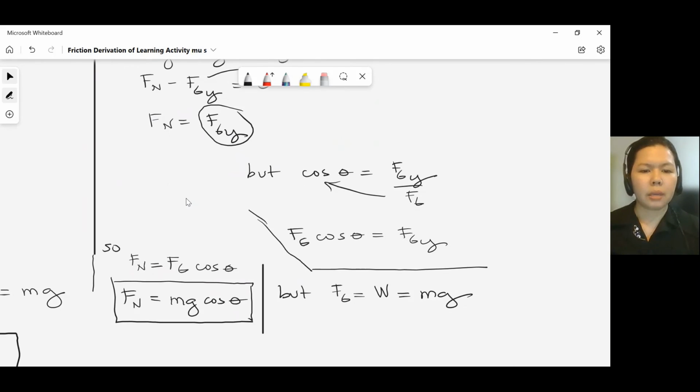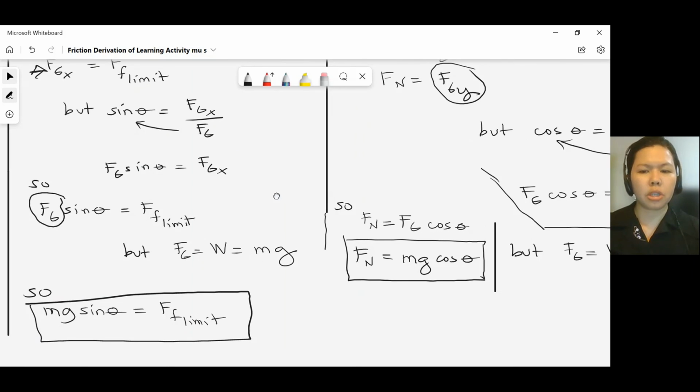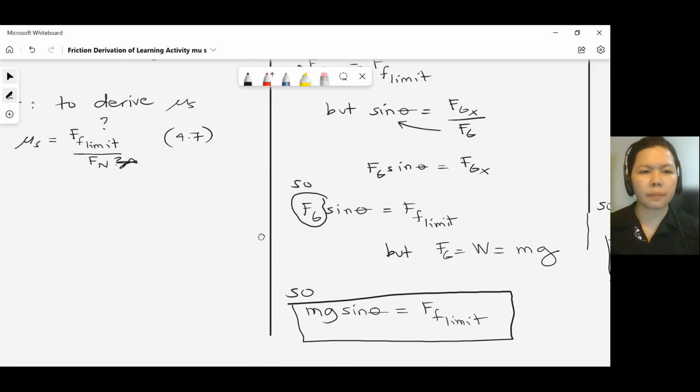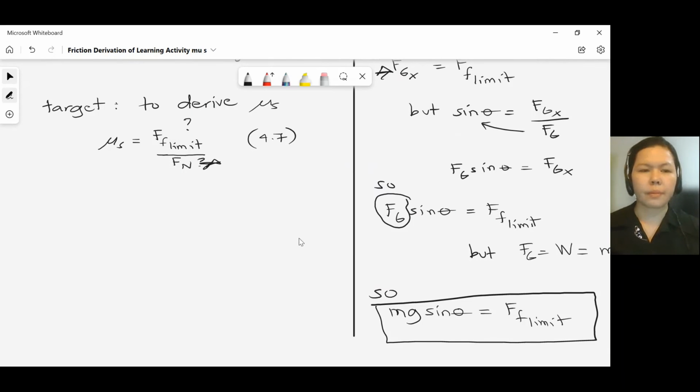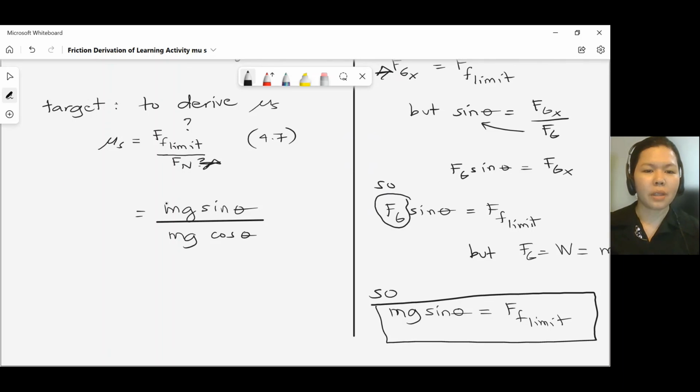So Fn is mg cosine theta and FF limit is mg sine theta. FF limit over Fn is mg sine theta over mg cosine theta.